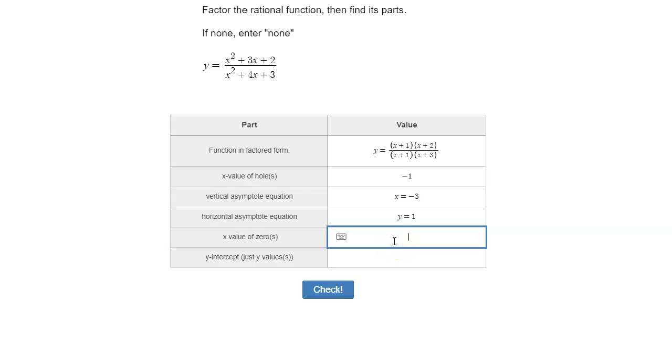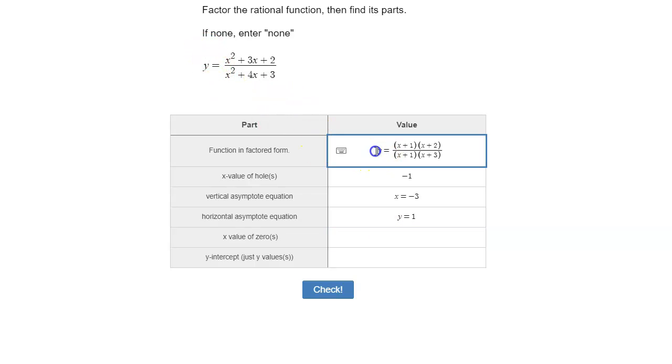Now the x values of my zeros, okay, this is where y is equal to 0. So I have to think through when y is equal to 0, what do these factors have to be? Well, when this first factor is 0 and when the second factor is 0 in the numerator. But the thing is, for x plus 1, when x is equal to -1, that makes it undefined.